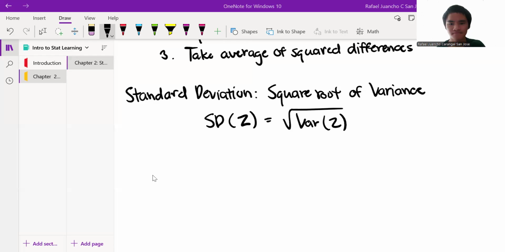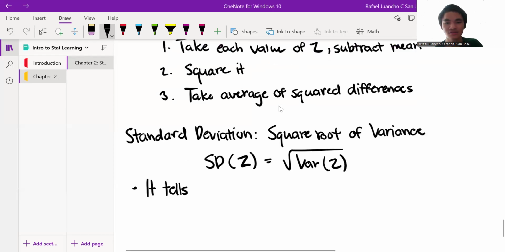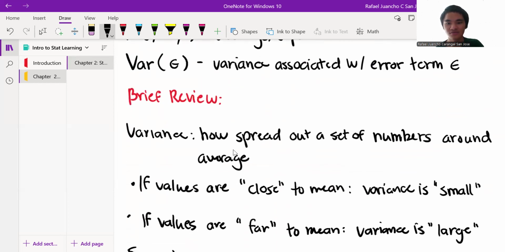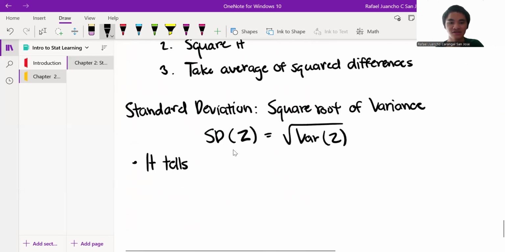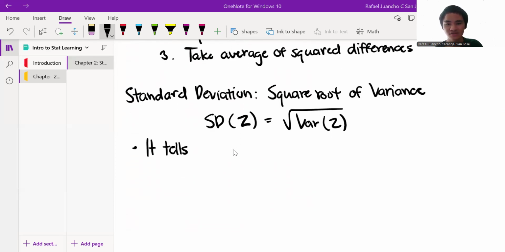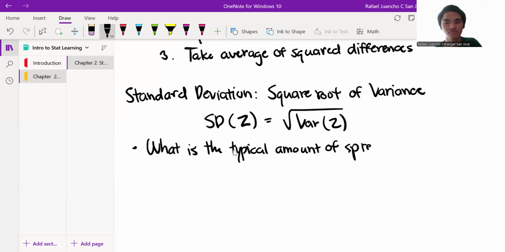So if variance is how spread out a set of numbers are around the average, this one tells us what the typical amount of spread is in the same units as your data.